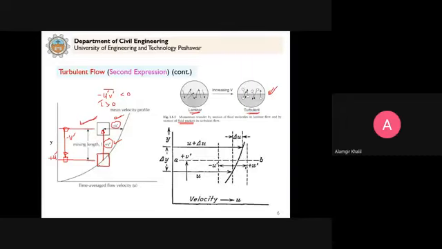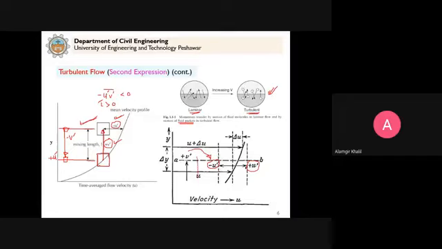And this is another diagram. You can see that this fluctuating component in the x direction can be minus u dash and it can be plus u dash. So if we move in this direction, then this plus u dash will be connected with this minus u dash.